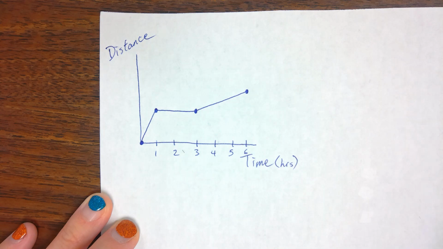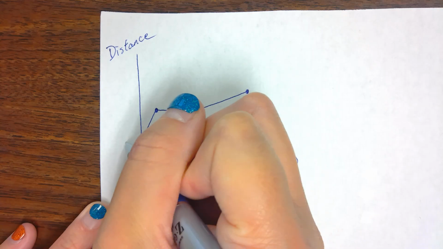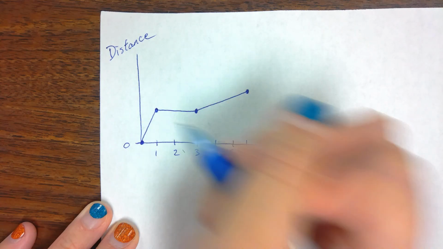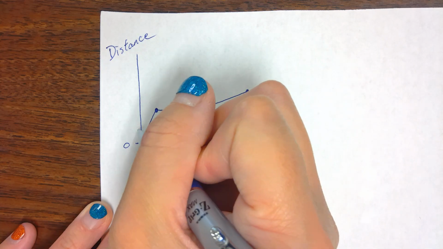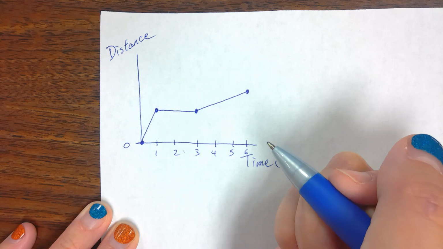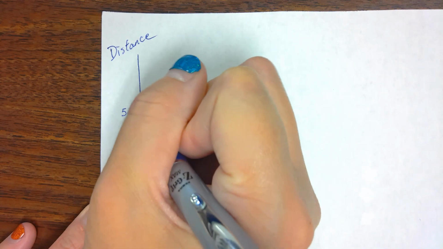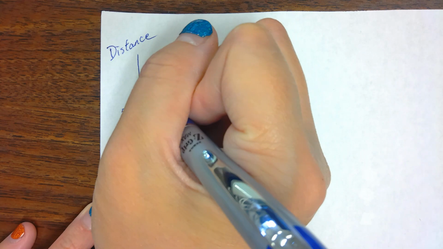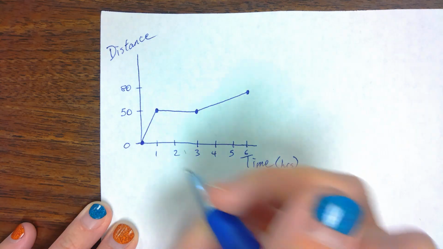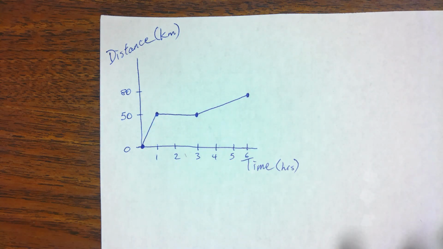And then here we'll say 0, 50, and 80. And then we'll say this is kilometers.